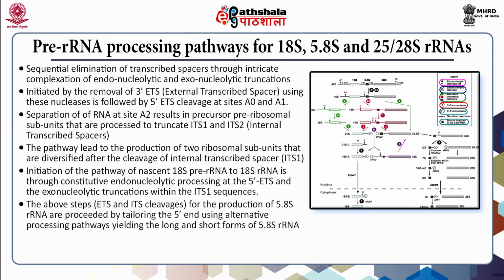These steps for the production of 5.8S rRNA are proceeded by tailoring the 5' end using alternate processing pathways, yielding the long and short forms of 5.8S rRNA.